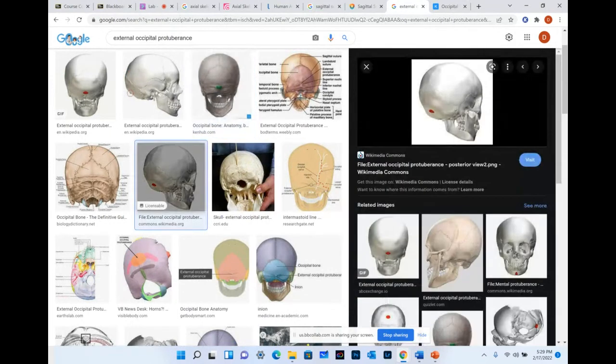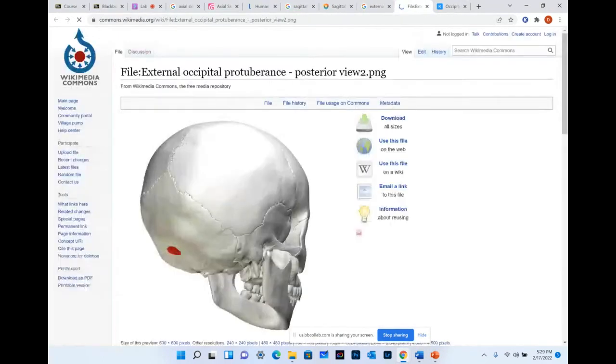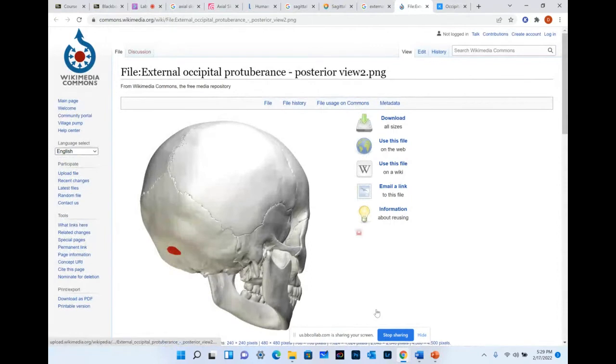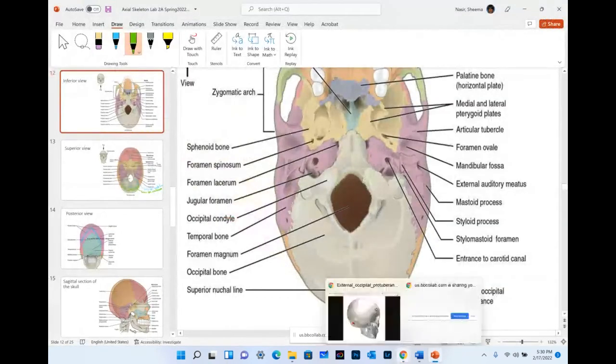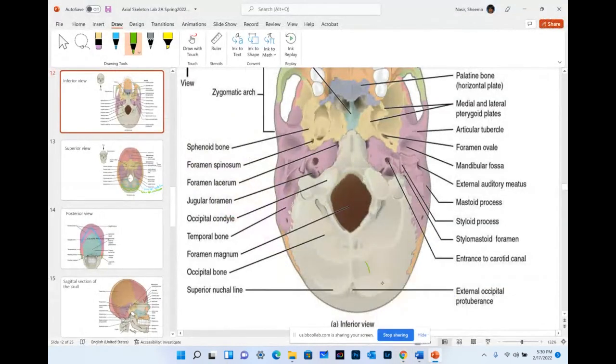And you can see it right here too. This is where your spinal cord is going to enter or leave. Look over here. You see this part which is kind of sticking out? This is your external occipital protuberance. It's just a protuberance that sticks out. Just right here, right?